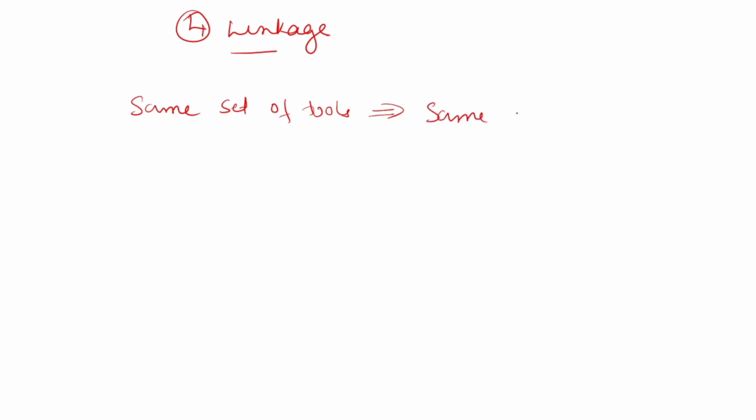Next, the fourth one is linkage. A culprit usually uses the same set of tools in the commission of the same types of crime, the same set of tools by the same criminal.